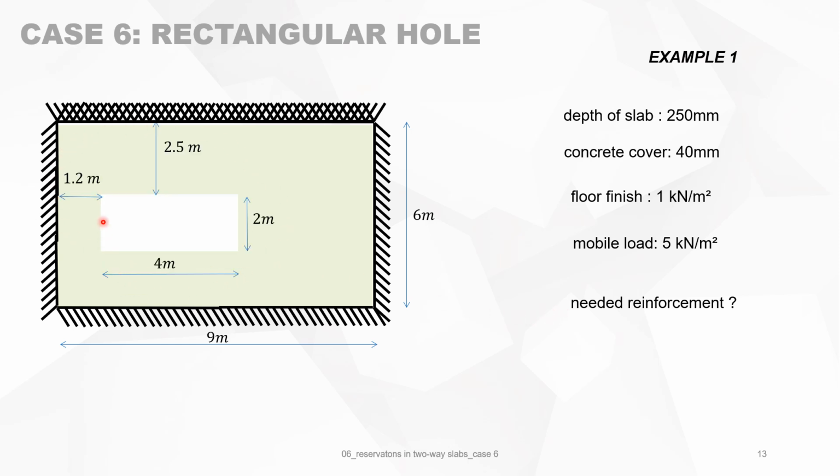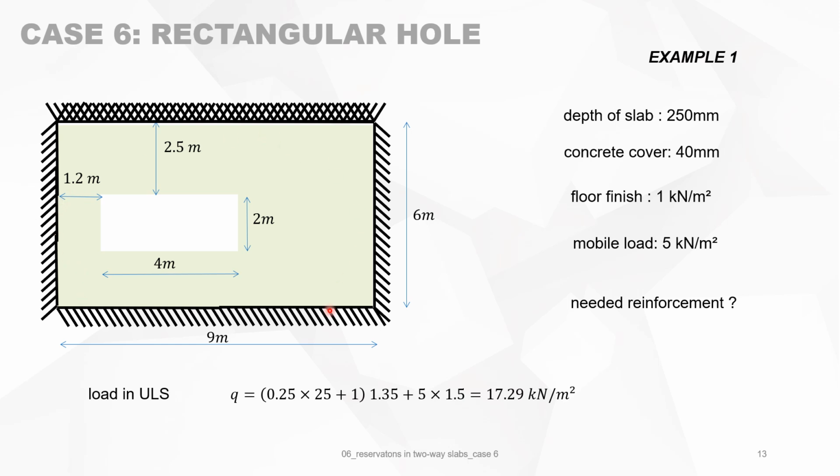With, of course, a reservation in the slab as indicated here, with the position 1.2 and 2.5 meters, and it's a reservation of 2 by 4 meters. So it's quite a reservation that will be made in the slab, and we want to know what is the needed reinforcement in this slab, taking into account this reservation.